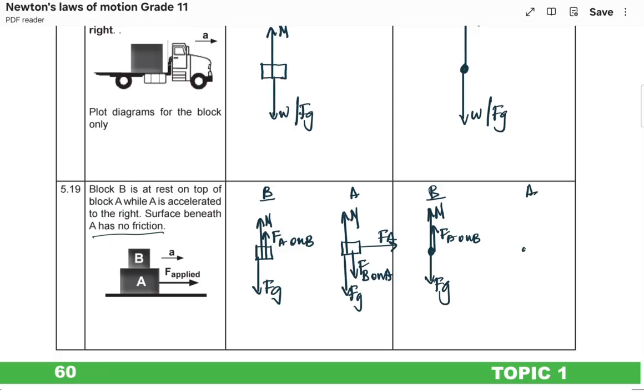What about A? There is a normal, the gravitational force, the force applied, and we also have the force of B on A.